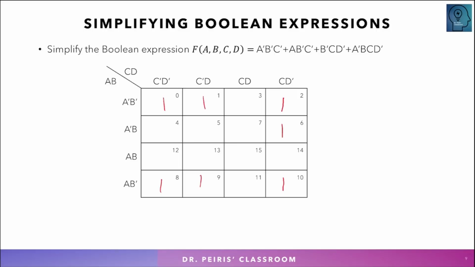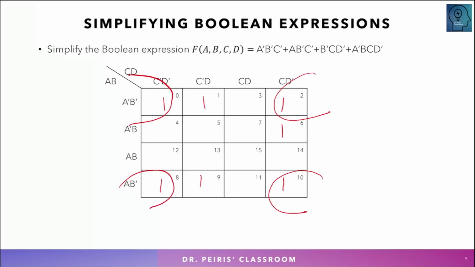Now you have marked the ones. Now we follow the same rules that we learned before to do the groups. So what is the best way to do this grouping? So definitely you have a one here which needs to be combined, so you can do the corners.